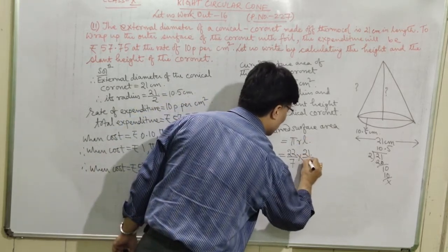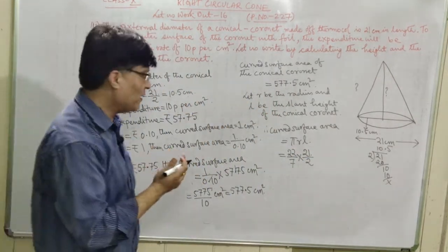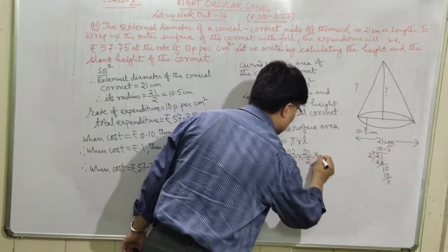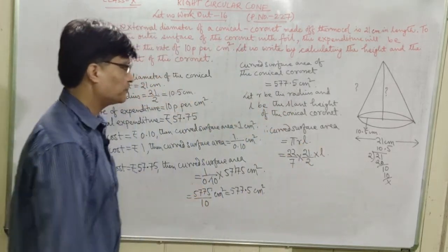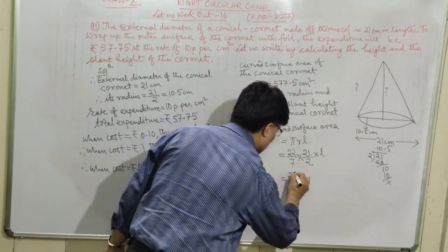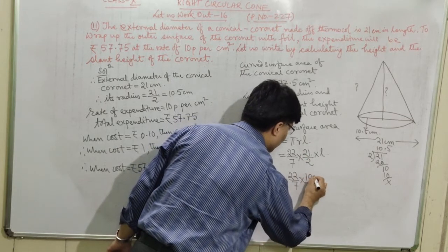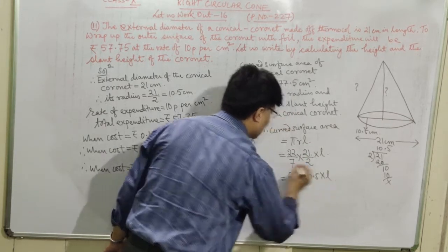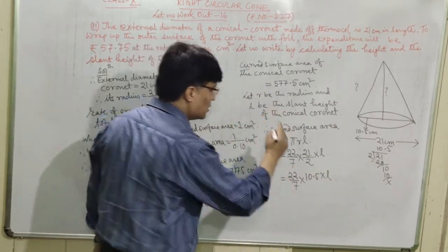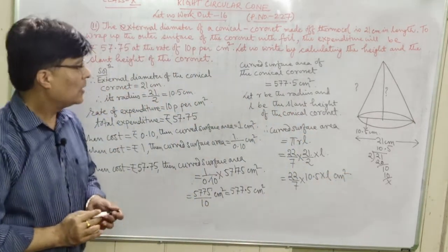Radius is, you may write 21 by 2, or you may write 10.5 also. And this is L, that is the slant height. I think you have understood it. So which is equal to 22 by 7 into 10.5 into L. What is the unit? This is centimeter square.